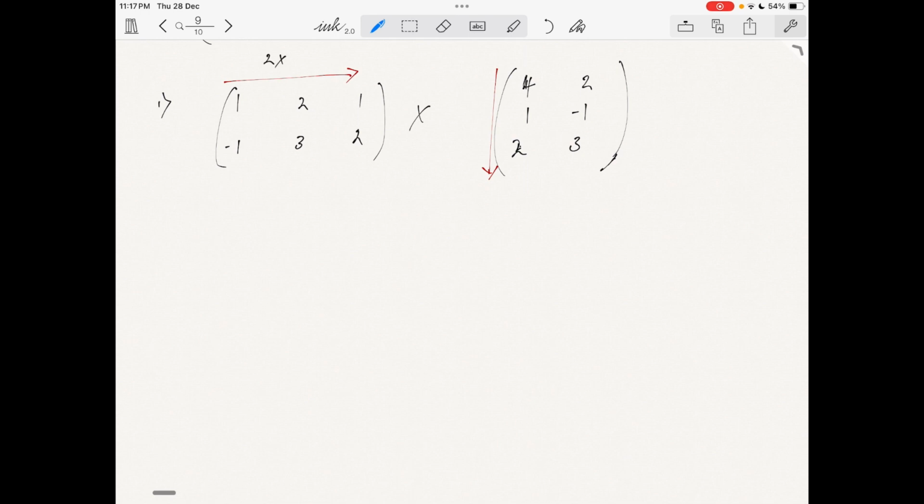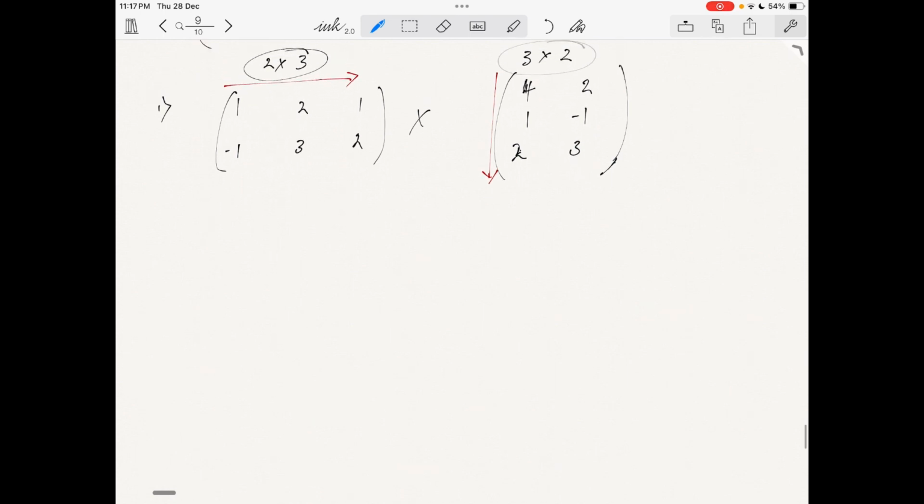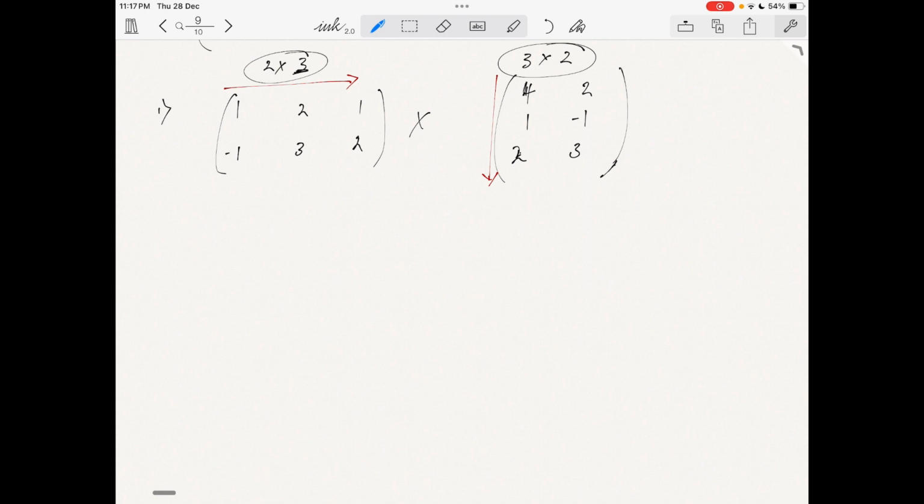This is a 2 by 3 matrix, and this is a 3 by 2 matrix. Very, very important. So we'll see that yes, it is possible because the number of columns here and the number of rows are the same. Now all we have to do is consider the first row and the first column, then the first row and the second column, as the case may be.